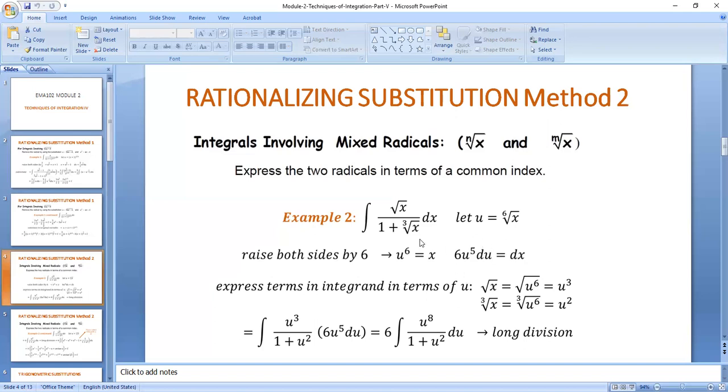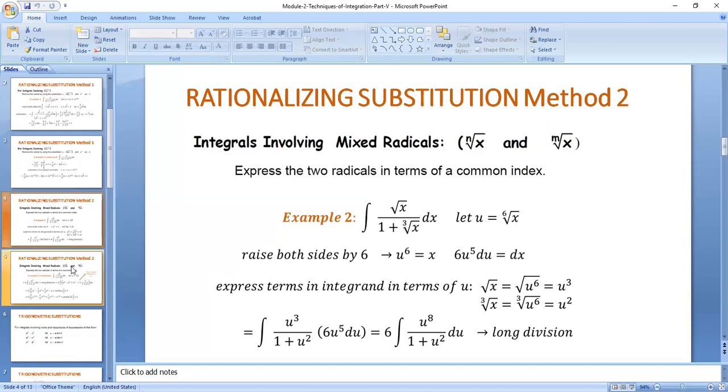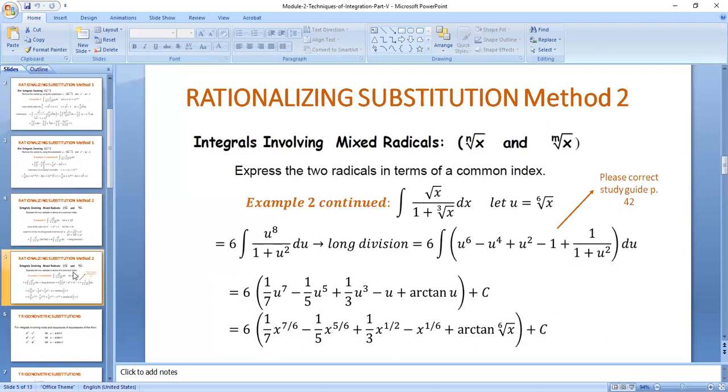Okay, so in that case, that's done in here. Your dx is changed to the derivative of u raised to 6, which is 6u raised to 5 du. Now, I think that's where we ended last meeting. So that's our short review.